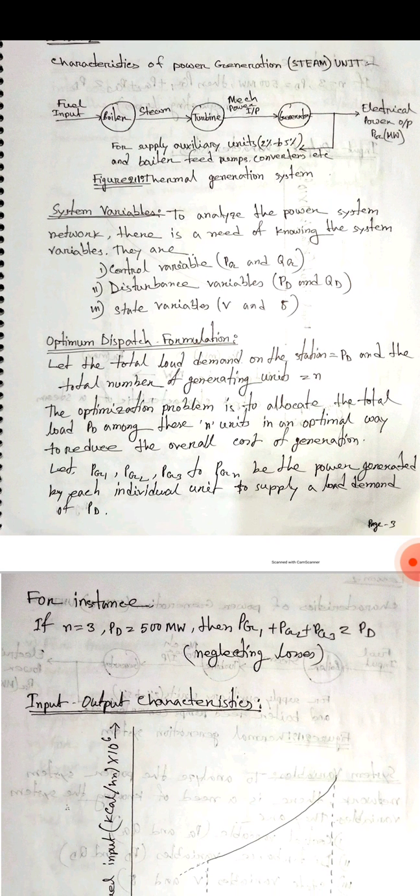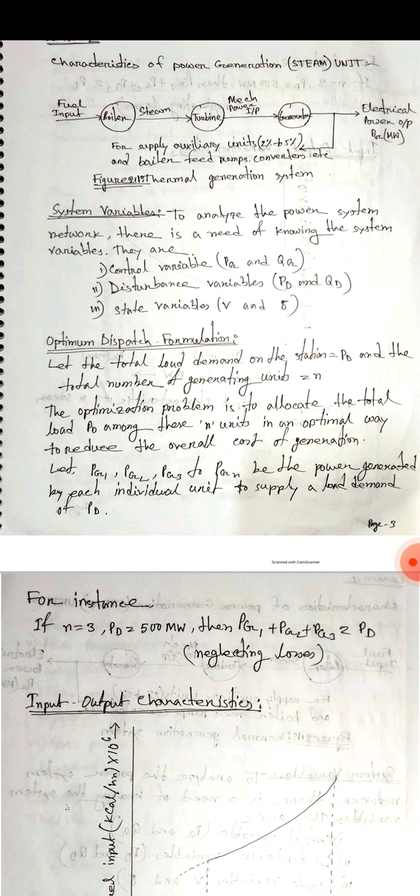Optimum dispatch formulation. Let the total load demand on the station be PD and the total number of generating units be N. The optimization problem is to allocate the total load PD among the N units in an optimal way to reduce the overall cost of generation.